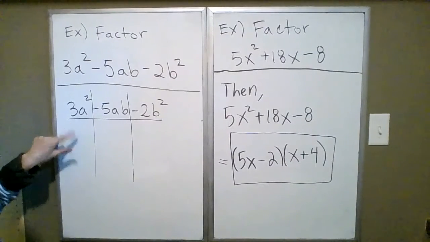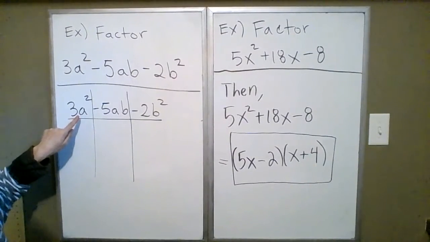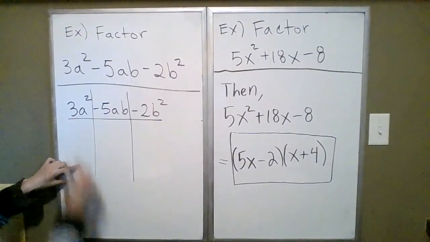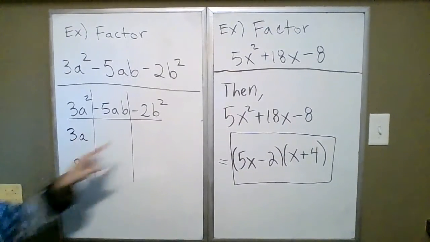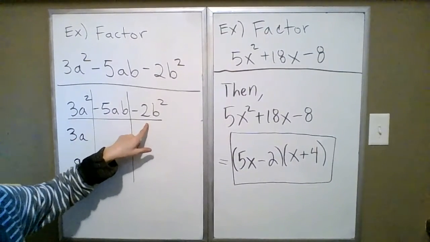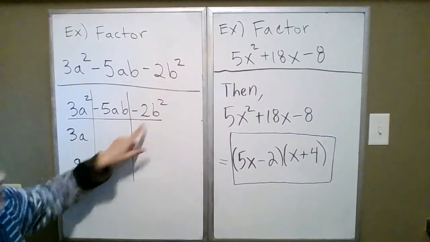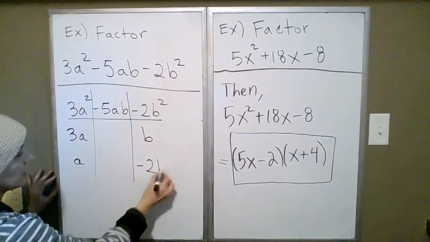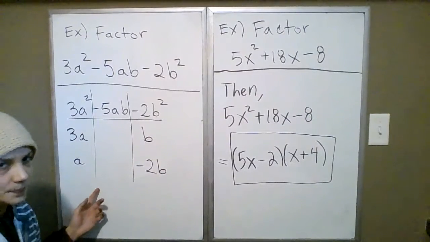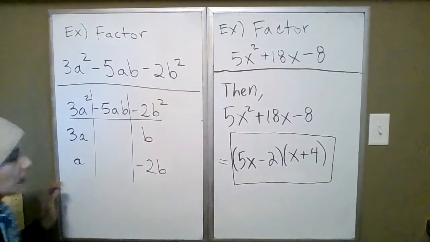On this end, you get 2 numbers that multiply to 3a squared, like 3a times a. This side, two numbers that multiply to negative 2b squared. Maybe positive b times negative 2b. It's just a guess. Let's see what happens.